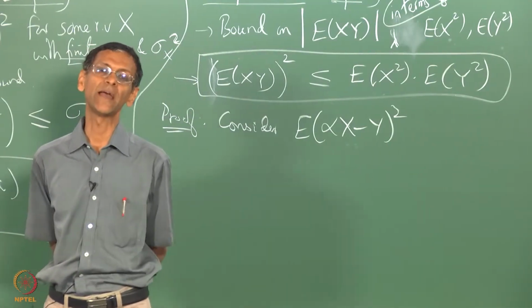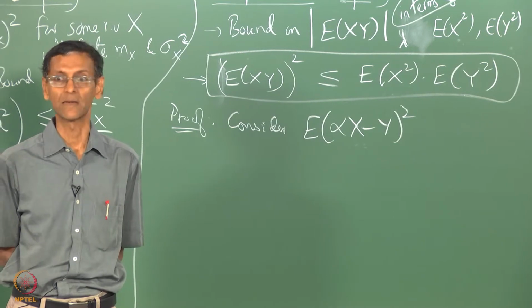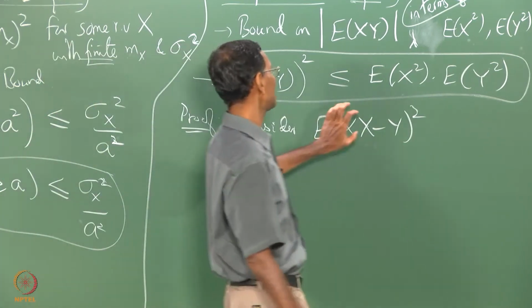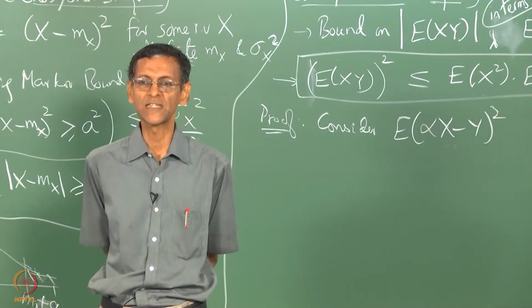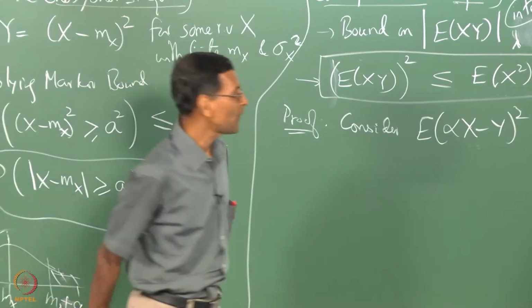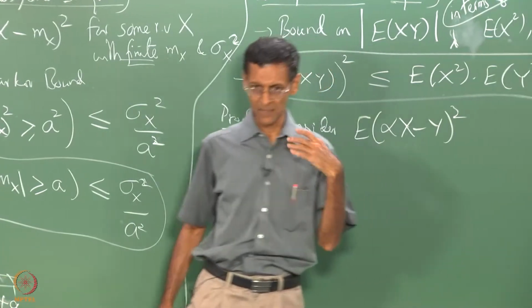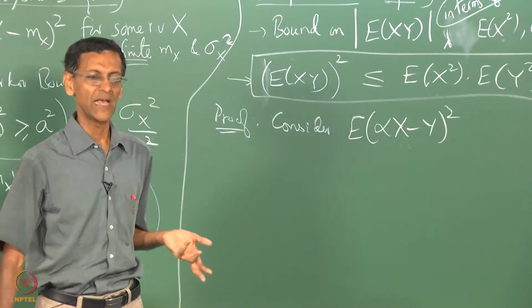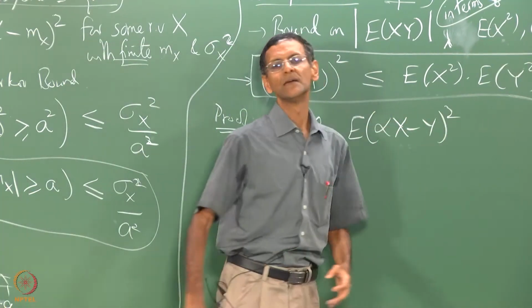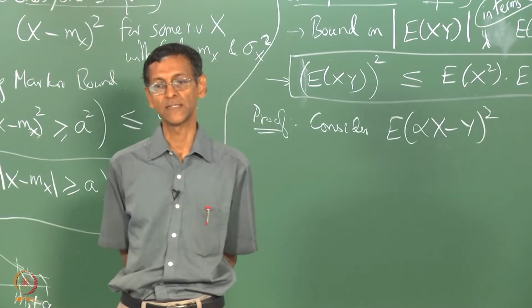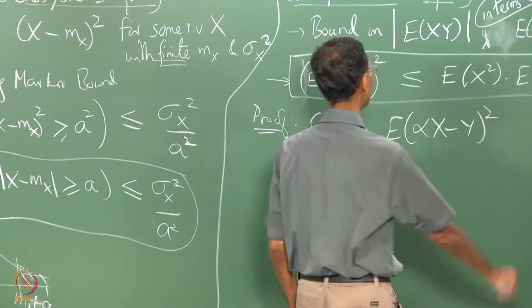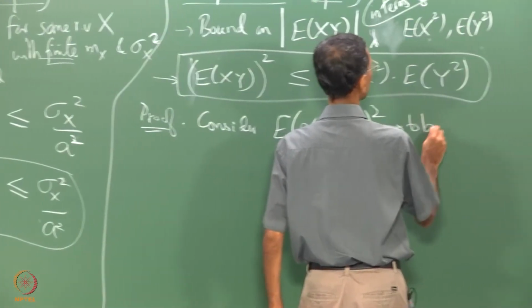This alpha x minus y, you can view as an estimation error. If you say alpha x is an estimate of y, a simple linear estimate, the simplest estimate you can think of, then alpha x minus y becomes the error, and the square of that is a very standard quantity for minimization. So we want this to be minimized.